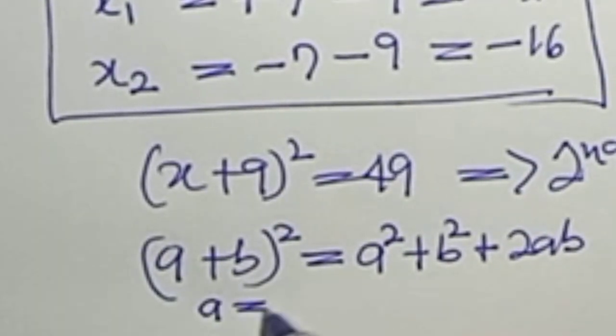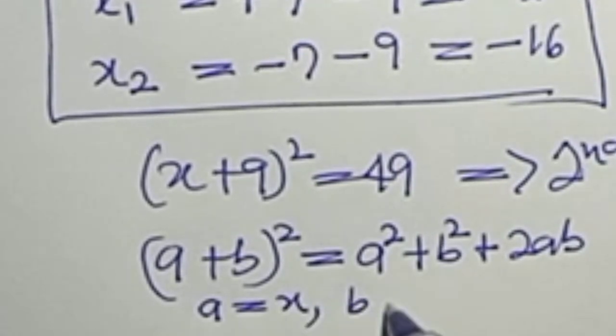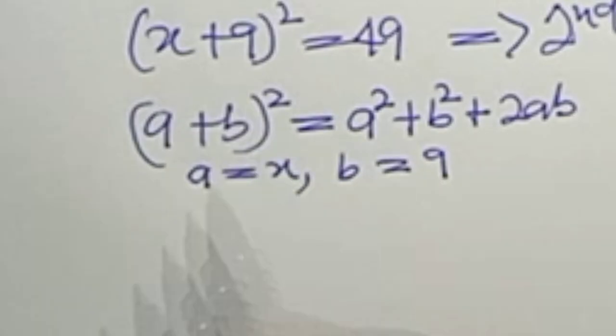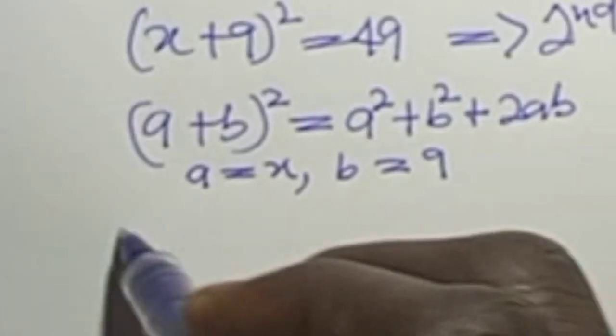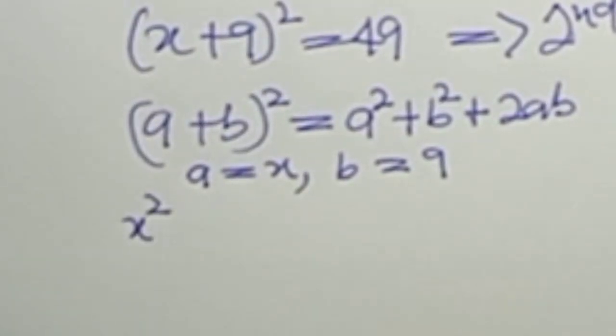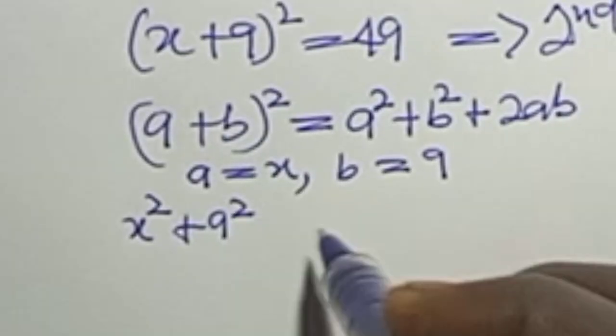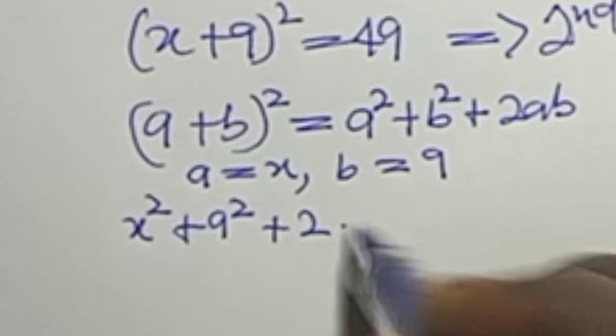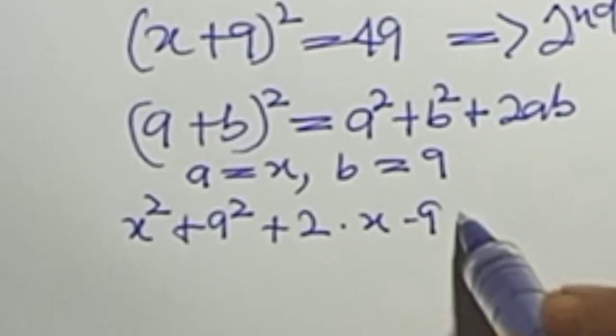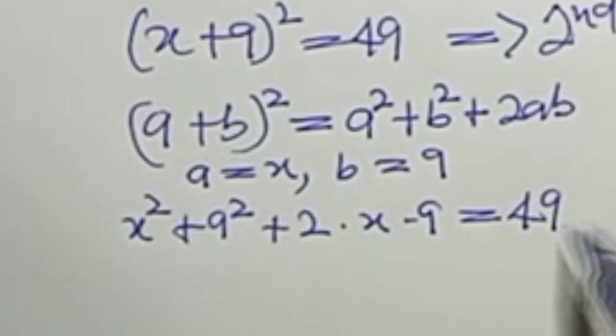Here, a is equal to x and b obviously is 9, so that the equation becomes x^2 + 9^2 + 2 times x times 9, equal to 49.